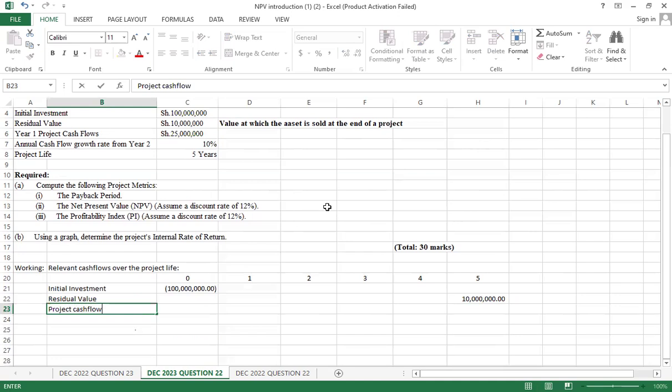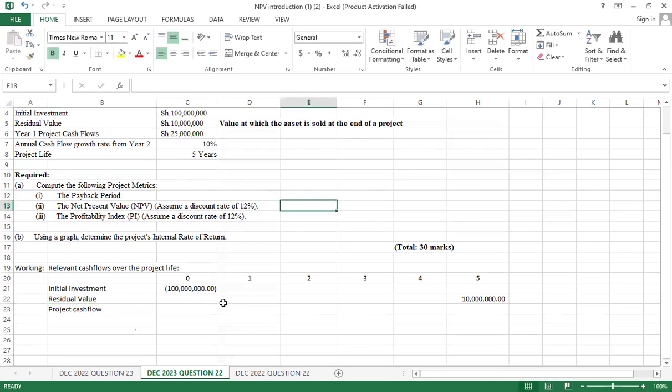For year 1, we are told this is 25 million. So what we receive in year 1 is 25 million. So that's a plus because that's now money you receive from the project from year 1.